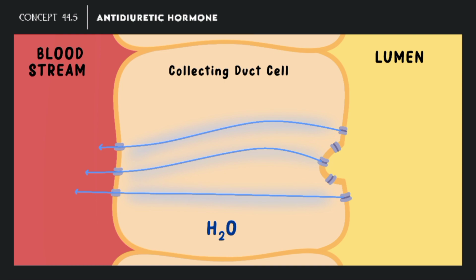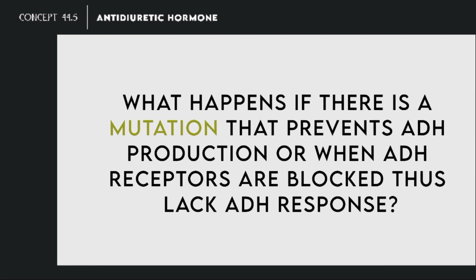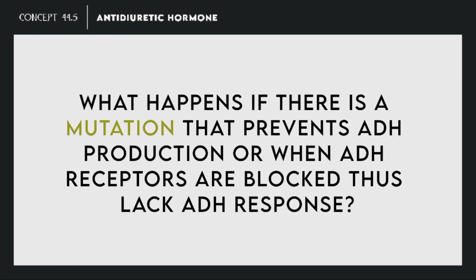As the osmolarity of the blood subsides, a negative feedback mechanism reduces the activity of osmoreceptor cells in the hypothalamus and ADH secretion is reduced. But what if there is a mutation that prevents ADH production, or when ADH receptors are blocked, thus lack ADH response?